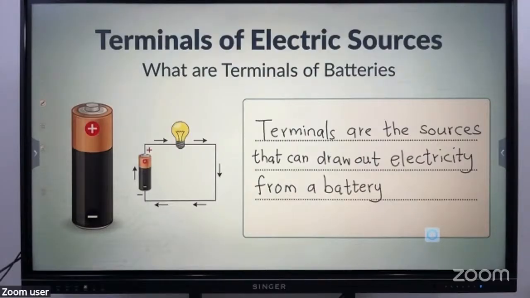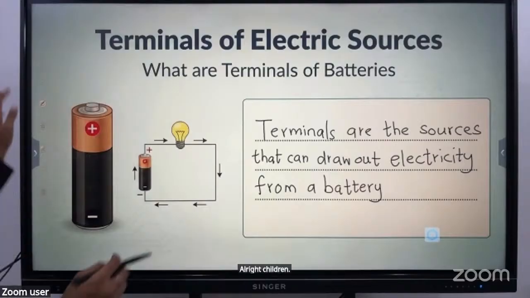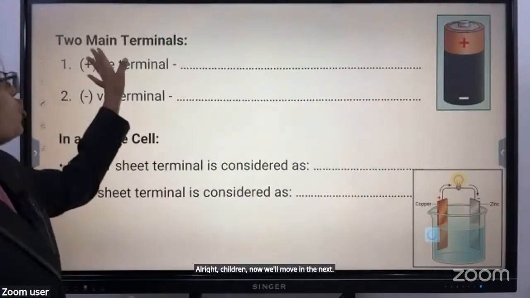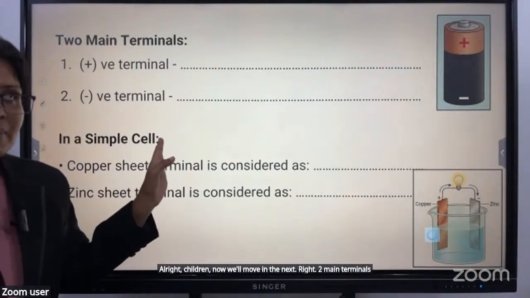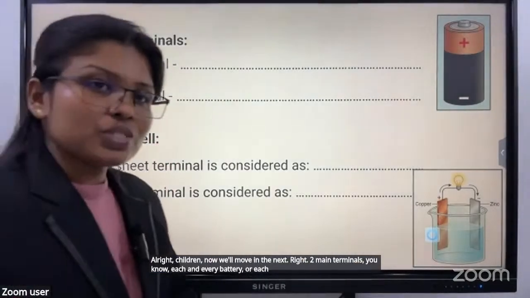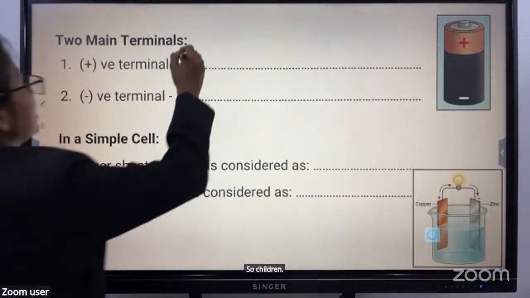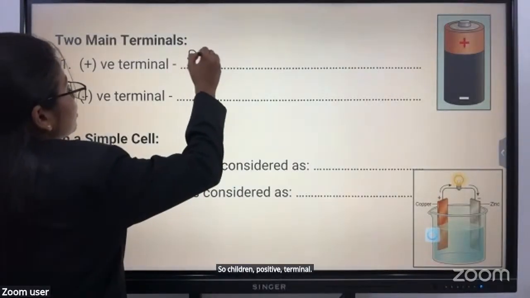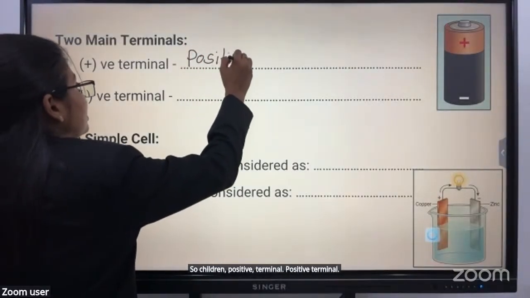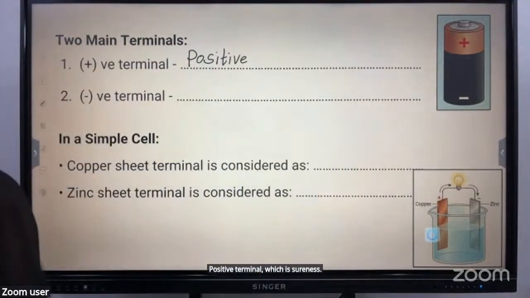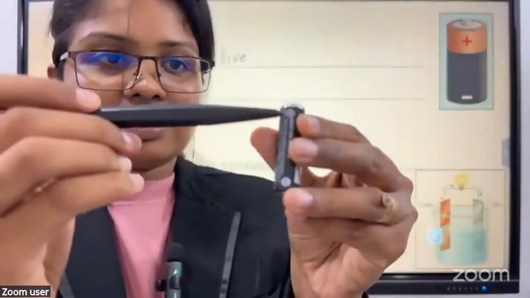Okay, children, finished? Yes, teacher. All right, children, now we'll move on to the next. Each and every battery or electric source has two terminals. The positive terminal is shown with a positive symbol here, like this.